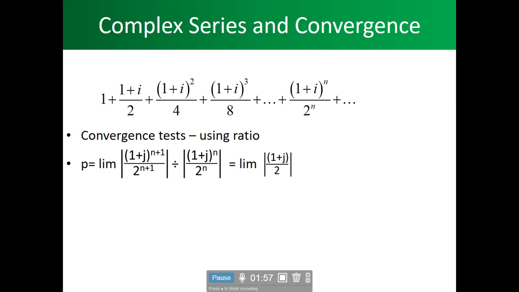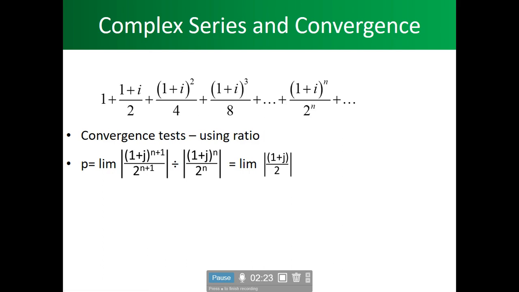And we have the 2's, 2 to the n here, will cancel out with this 2 to the n, and it'll just leave you a 2 on the bottom. And on the top, the 1 plus j to the n will cancel. The only thing that'll be left is j plus 1, 1 plus j.